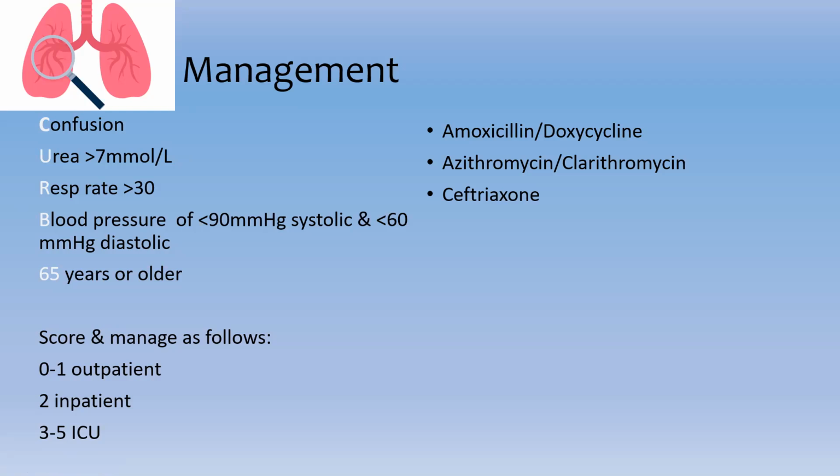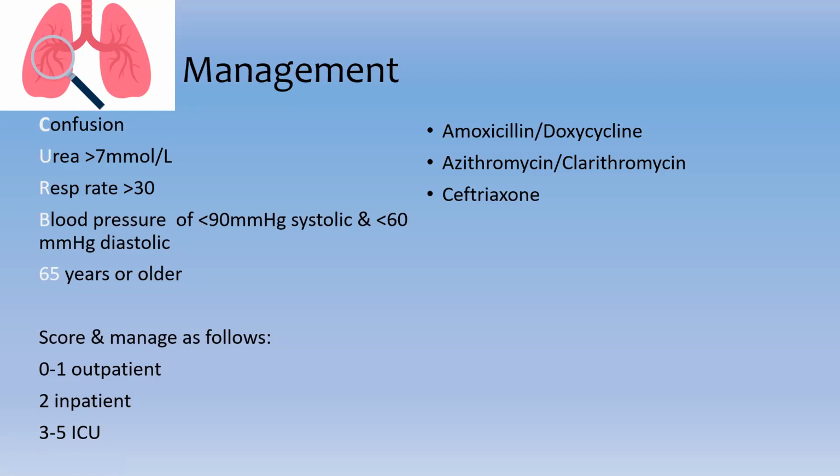Then if your respiratory rate is high, and I mean high, like 30 breaths per minute, that's a danger sign. Blood pressure, if your systolic is less than or equal to 90 millimeters of mercury, or your diastolic BP is less than or equal to 60 millimeters of mercury, then that's a danger sign. And then if your patient has an age greater than 65 years, that's already a dangerous sign.